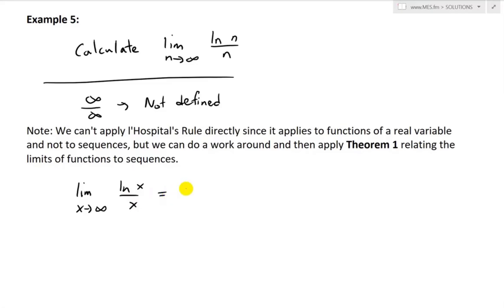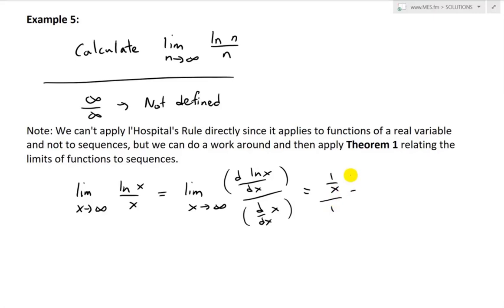Now applying L'Hopital's rule, this equals the limit as x approaches infinity of d ln x over dx divided by d over dx of x, the derivative of top and bottom. The derivative of ln x is just 1 over x, and the derivative of x is just 1.